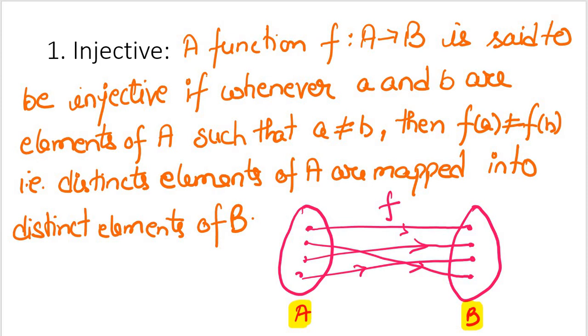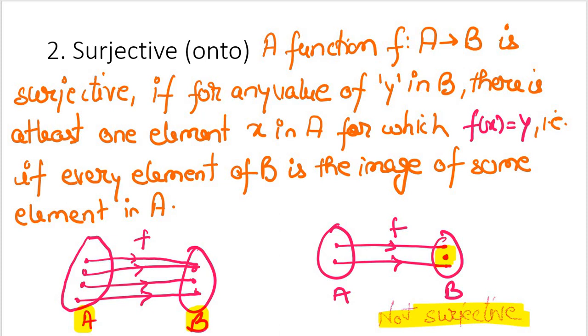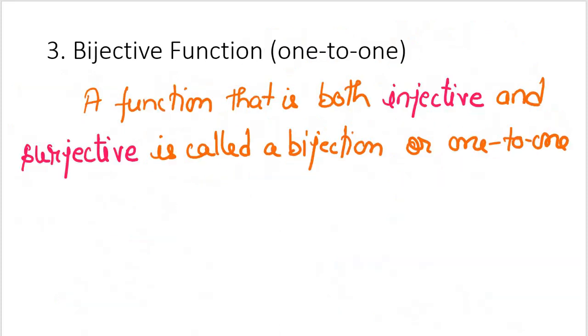So what it means is that definitely there will be some elements in B and some in A. There will be a direct mapping, and it will be a combination of the two. So in this kind of setup, since it is a combination of the previous two, we'll have a one-to-one correspondence, so a one-to-one mapping would be there.